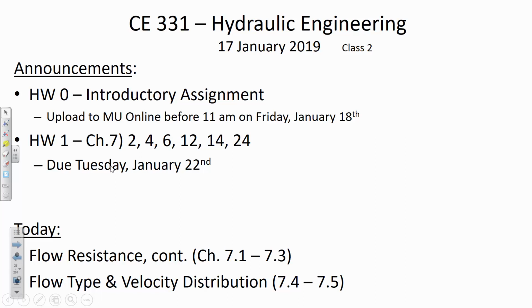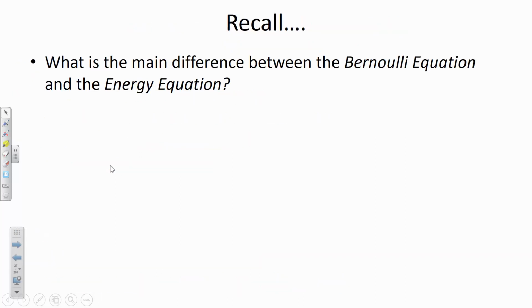All right, we're going to continue talking about flow resistance, which is what we started with on Tuesday, and then also talk about some different ways to classify flow and velocity distribution. But before we do that, let's take a step back to fluid mechanics. And remember that of the two, you first learned Bernoulli's equation.